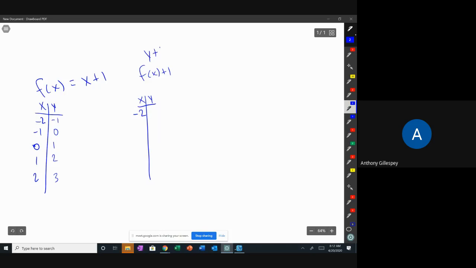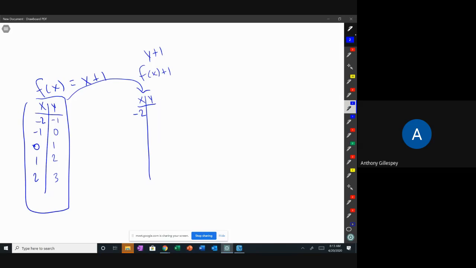Y. So this is like y is getting 1 added to it, right? If I know what this table looks like right here, then I can easily find out what this table looks like. When I figured this out the first time, I was pretty blown away, not necessarily for this problem, but for some of the other ones. I can predict what the table is going to look like for this other graph because I know what's happening with f of x plus 1.